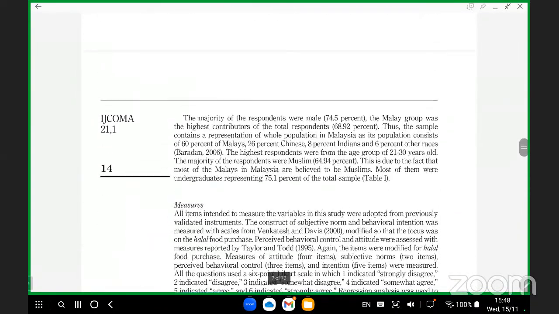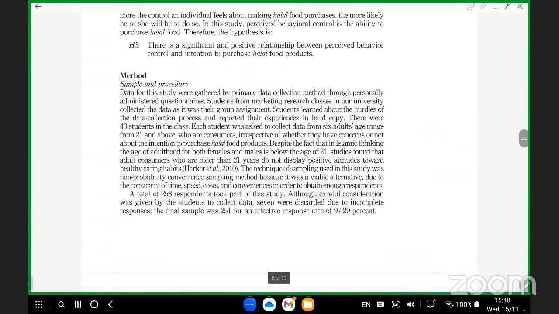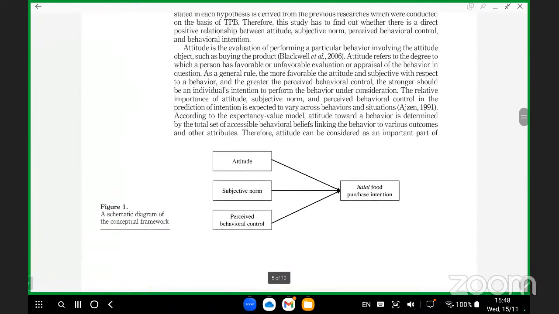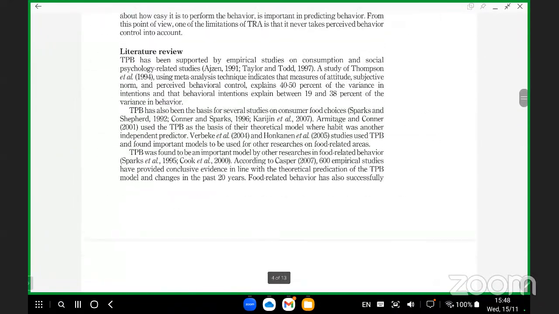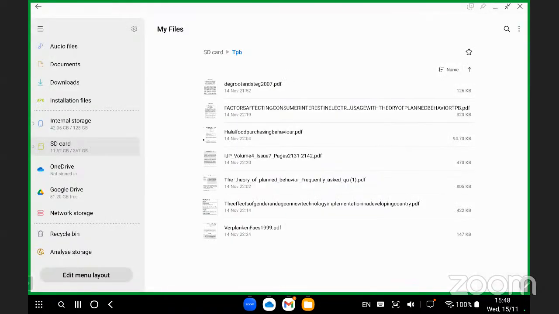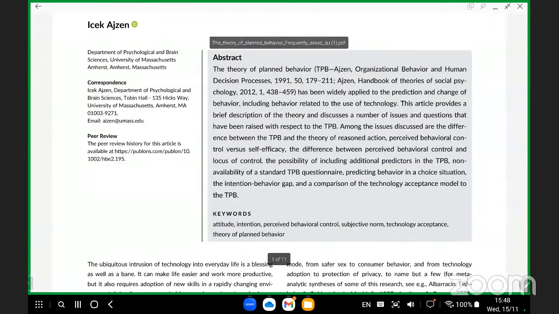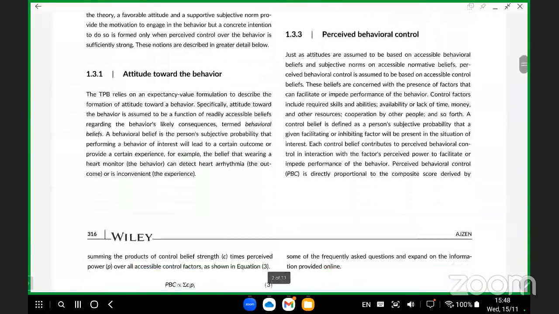Dekat terlepas pandang. Sebentar. Oh, maybe this one. Tak payah lah.